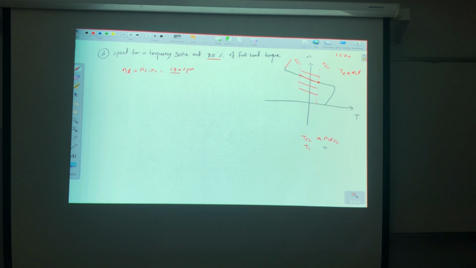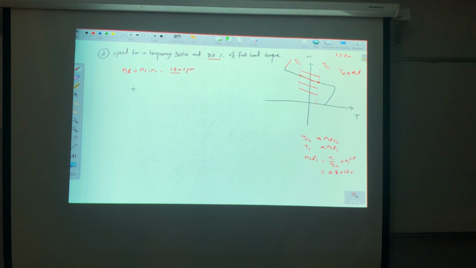So T1 is proportional with N slip 1. So can I find N slip 1? Yes, it will equal to 0.8 multiplied by 130. Correct?